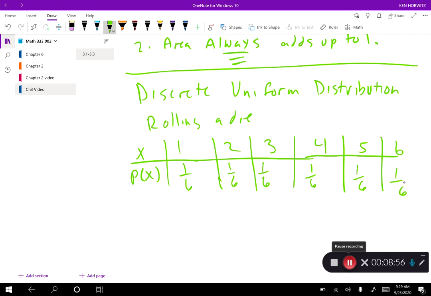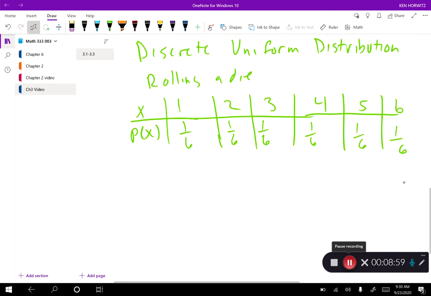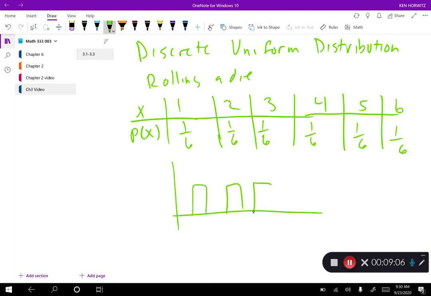And the reason it's called a uniform distribution is if you were to graph this, you're going to make a better graph than me. All of the little bars would be at the same height of 1/6. That's why it is called uniform.